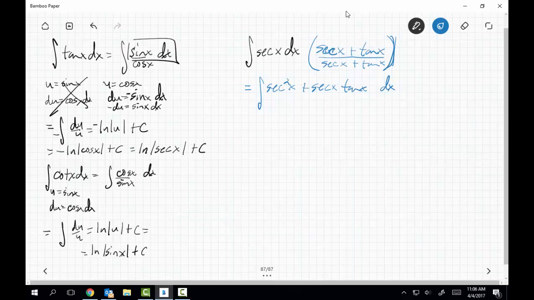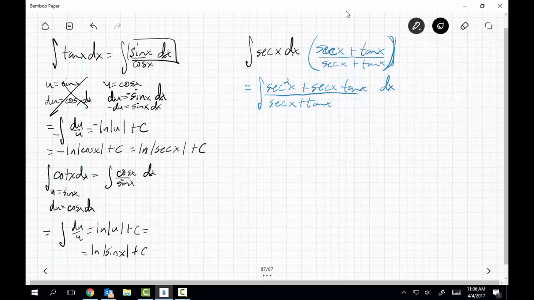Your spidey sense might be tingling a little bit already, because you see why? Secant squared x, whoa, that's the derivative of something. Secant x tangent x, whoa, that's the derivative of something. It's the derivative of secant x and tangent x. So now watch how easy this is.